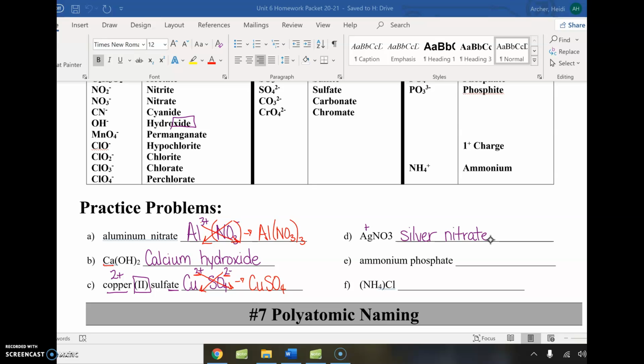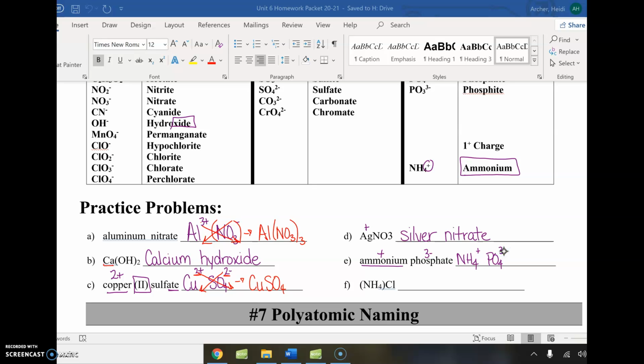Now, remember ammonium. Ammonium was our one and only polyatomic that can sit in this cation spot. So ammonium, I'm told, is a +1 charge. And then phosphate is a 3- charge. So I've got NH4, which is a +1, and I've got phosphate, which is a 3-.